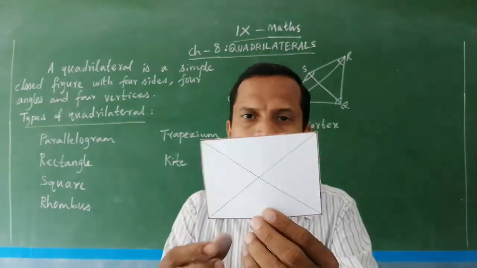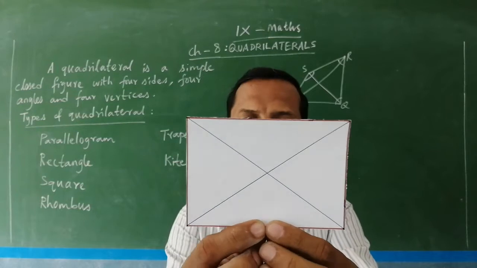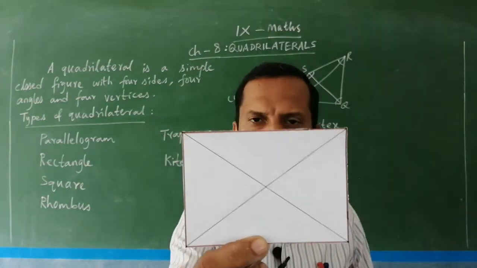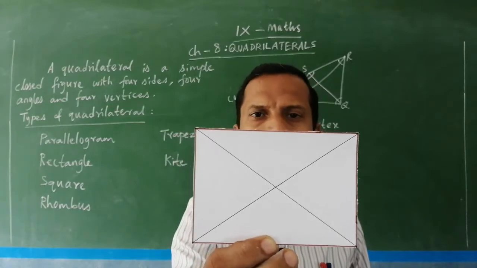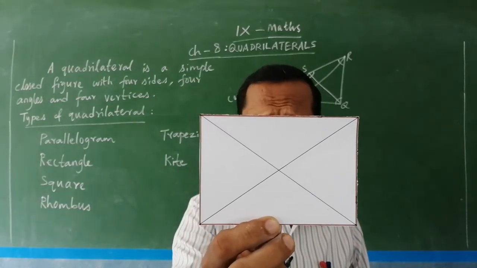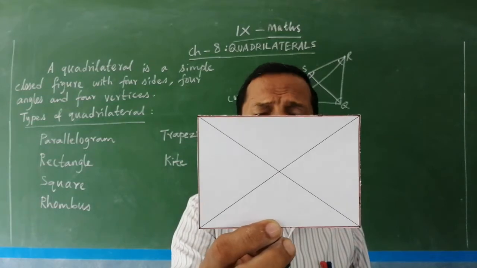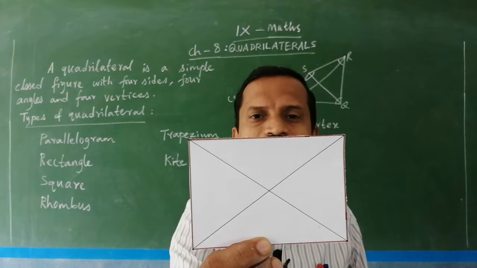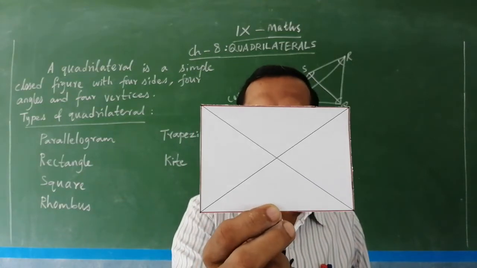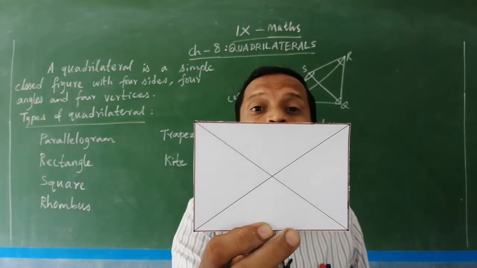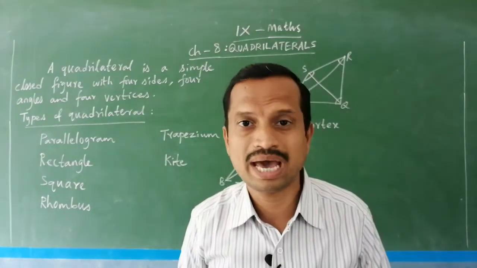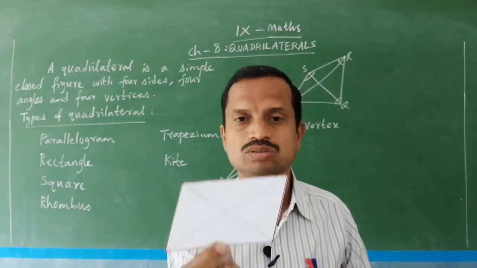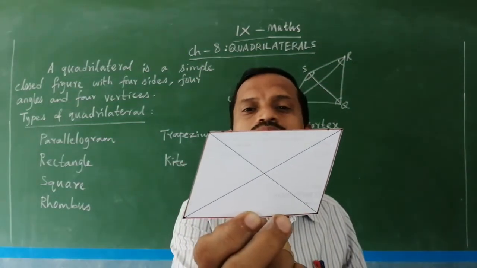And next, coming to rectangle. In a rectangle opposite sides are equal and parallel also, so it is also a parallelogram. Clear? But here all angles are equal, each angle is 90 degrees, and the diagonals are also equal in length, whereas in a parallelogram the diagonals are not equal because it is nothing but a tilted rectangle.